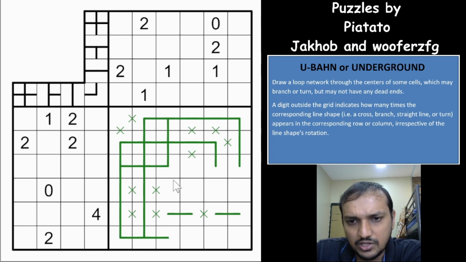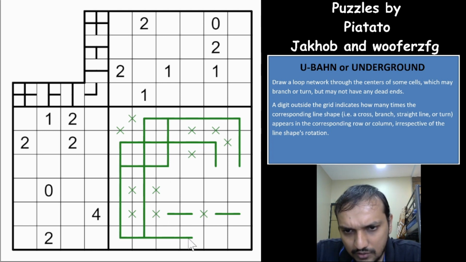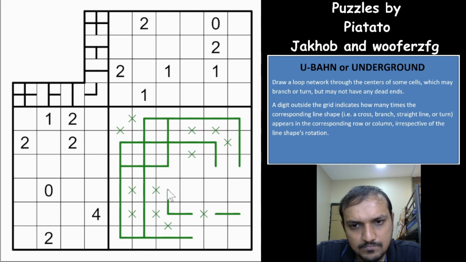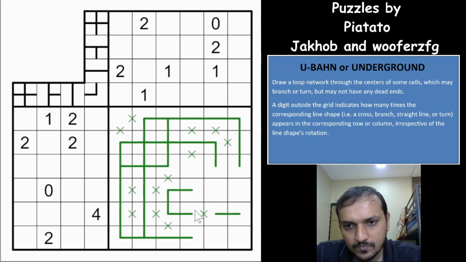Okay, if you have a straight line here, right, if this is a straight line, this also would be a straight line. You'll have two straight lines here, so this is not the straight line, this would have to be the straight line. You get a U-turn here. If this is straight, it cannot even be a branch, it cannot be a straight, so it has to be a U-turn. Okay, so you'll have a branching here or here, whatever be the case, you need to have line segment crossing this.